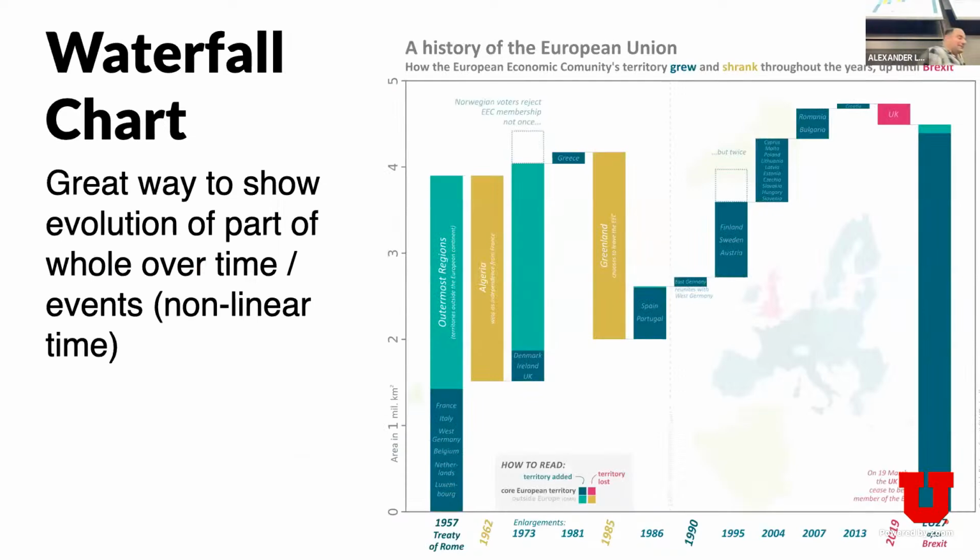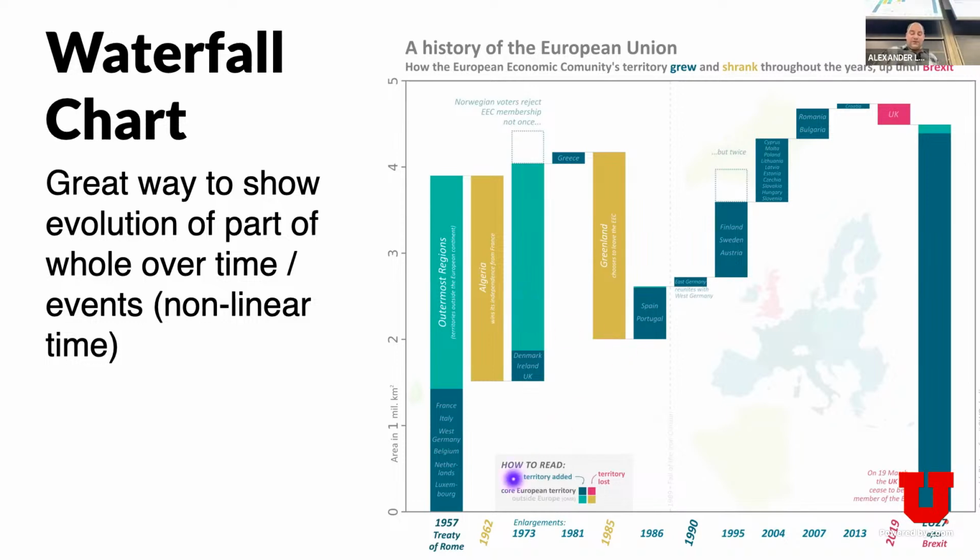Okay, the last chart to talk about for time series is the waterfall chart. This is an interesting chart. It's maybe a little bit niche, but it's a great way to show the evolution of a part-of-a-whole relationship. This particular waterfall chart visualizes the history of the land space in the European Union.